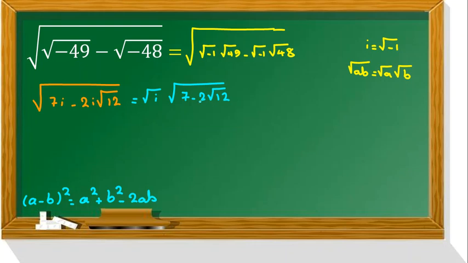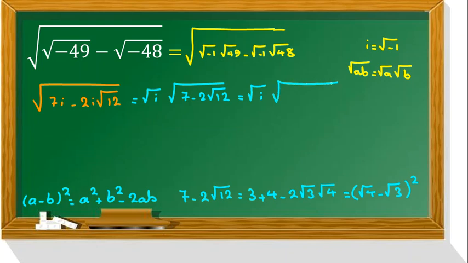So here, if you consider 7 minus 2 root 12, we can say 3 plus 4 minus 4, which we can write as (root 4 minus root 3) squared. If we use it here, it will be root i times square root of (root 4 minus root 3) squared.